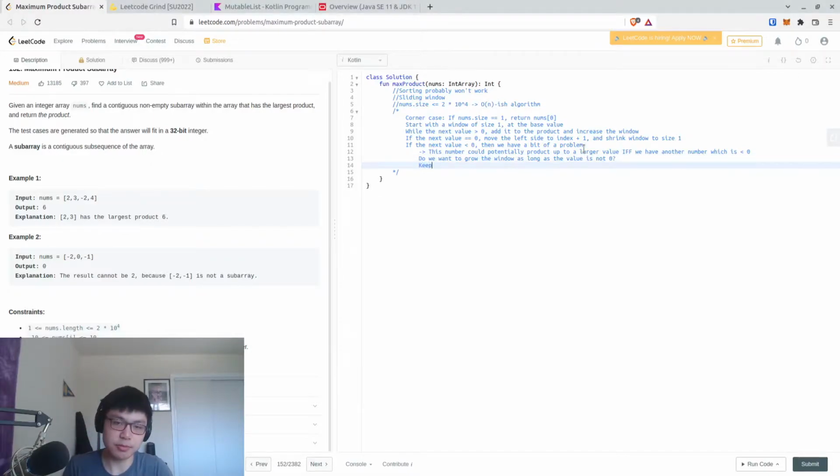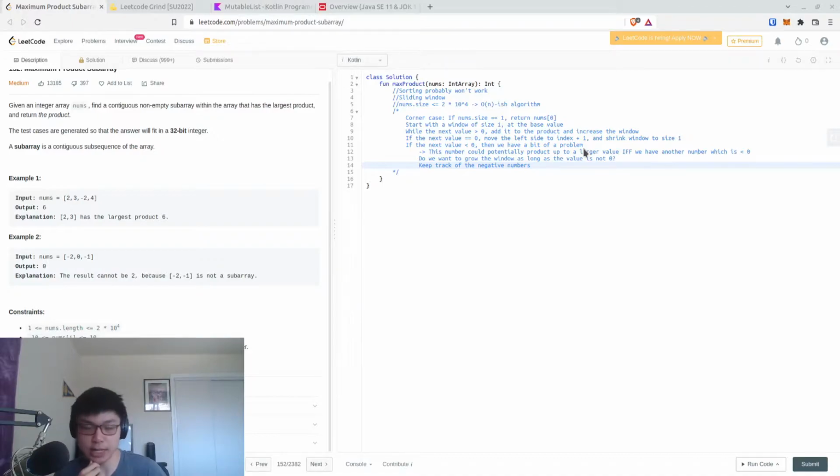Of course, we could keep track of the negative numbers. Well, I guess naturally we do that already with our product, right? If we continue to grow our array, because if we have an odd number of negative numbers, then we have a negative product.